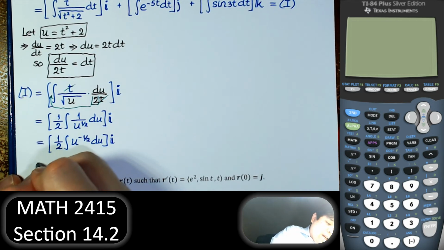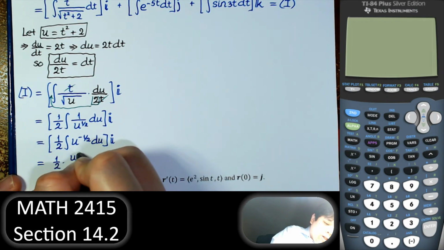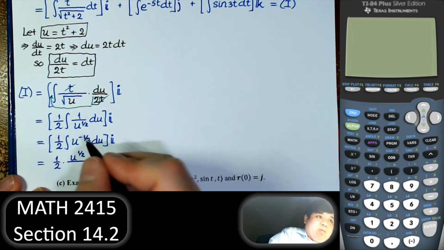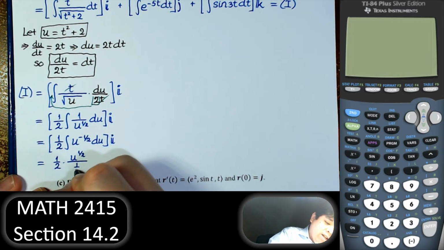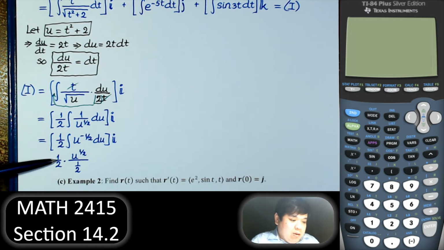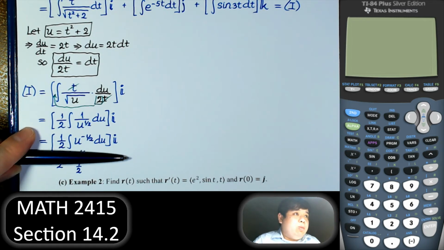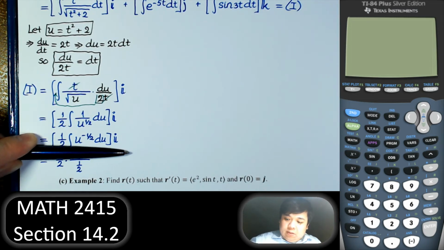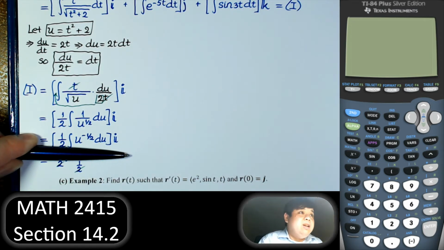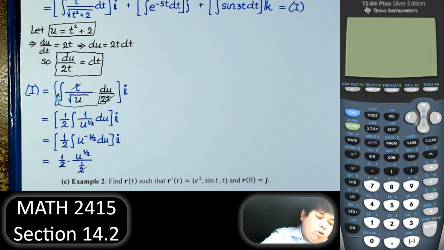Alright. And then integrate will be 1/2 u to 1/2. Negative 1/2 plus 1 is 1, positive 1/2, and then divide by 1/2. Now, so it's like that. Now the 1/2, the 2 at the bottom, and then the 1/2, actually, both of those two are at the bottom. 2 and 1/2 cancel out. So we just have u to the 1/2. Alright, so that's the first component.